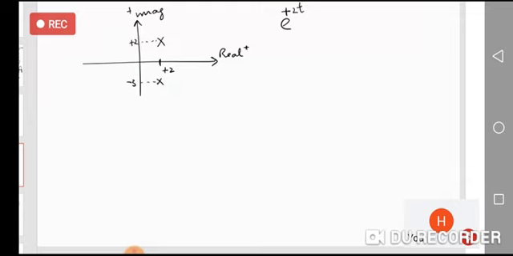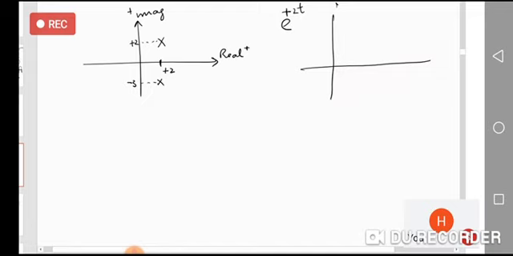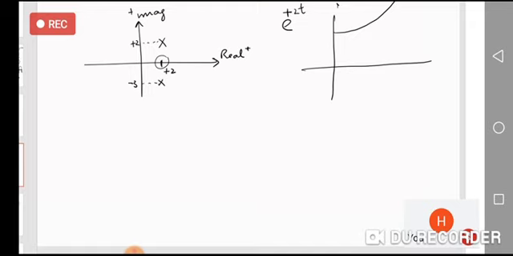That means with each value of time, it will not decay. It will actually grow because it is +2t. Do you understand, students? Yes, sir. And the response would be something like this.